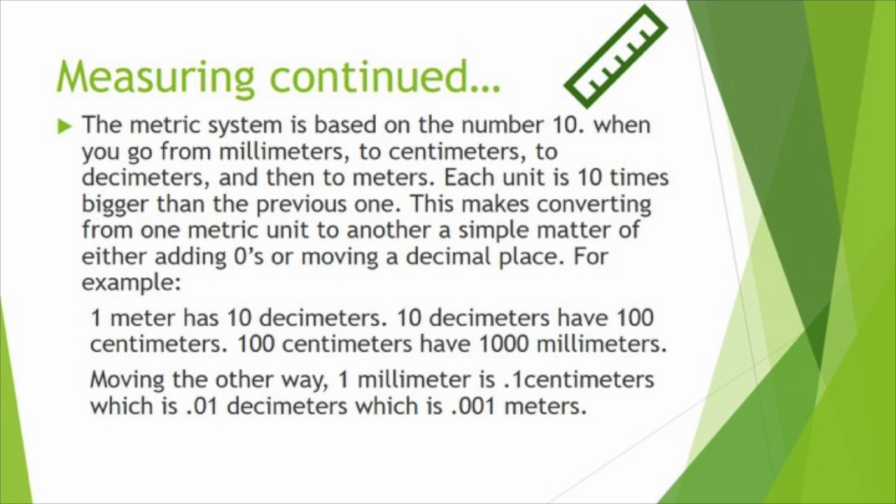And if that's too confusing, you can think of it this way. How many years are there in a century? 100 years. So centi, that prefix, means 100. Millennium is 1,000 years. So millis are thousands. So there's 1,000 millimeters in a meter, 100 centimeters in a meter, 10 decimeters in a meter.